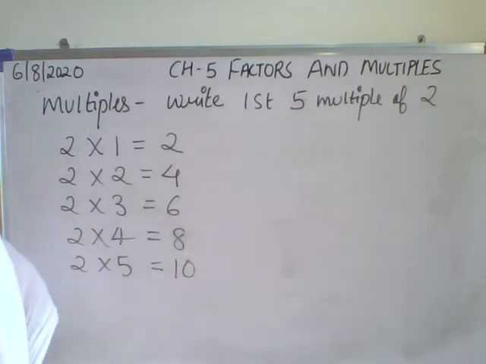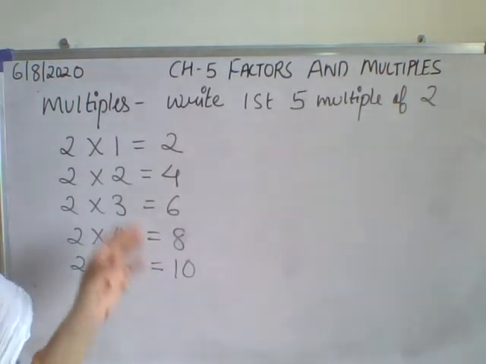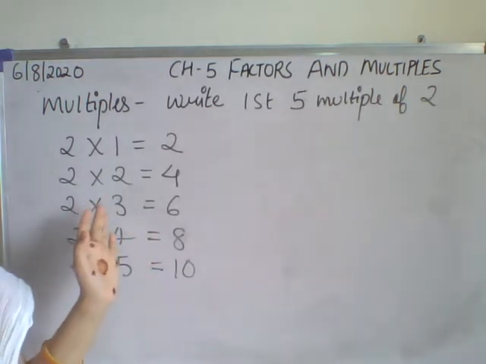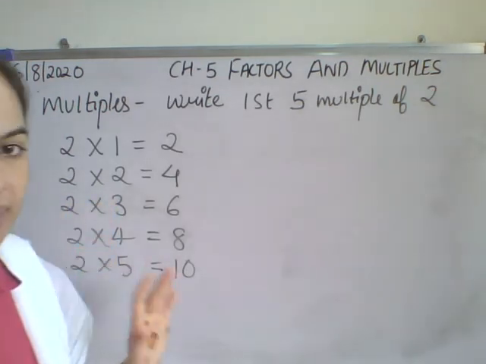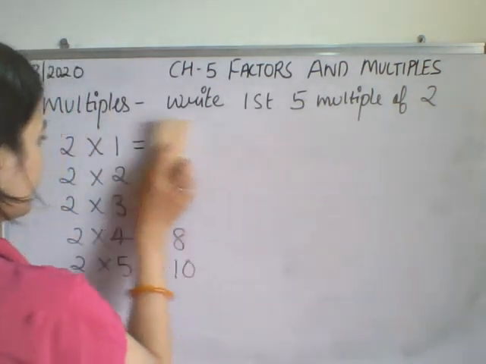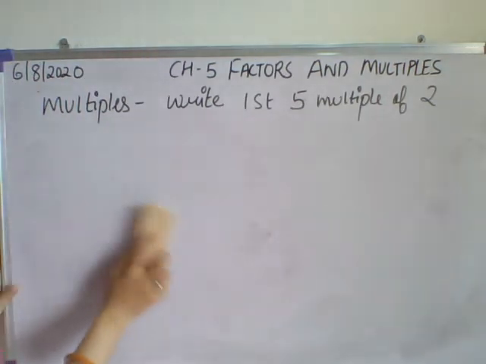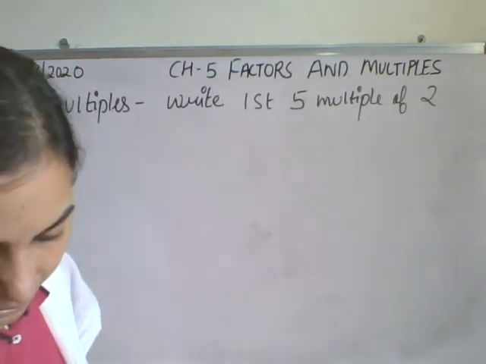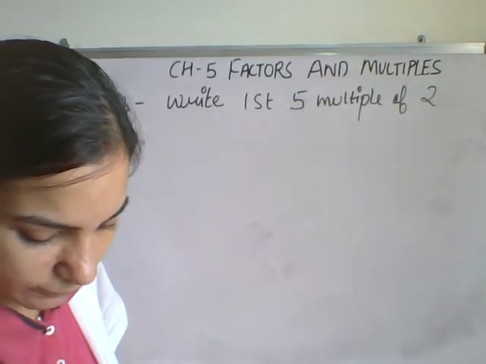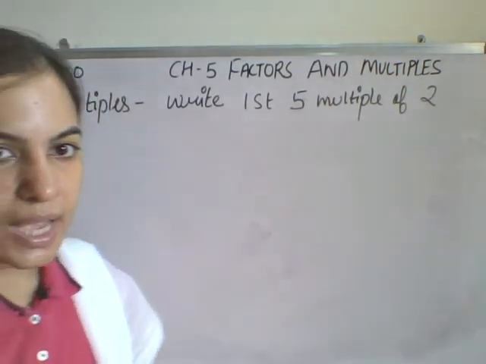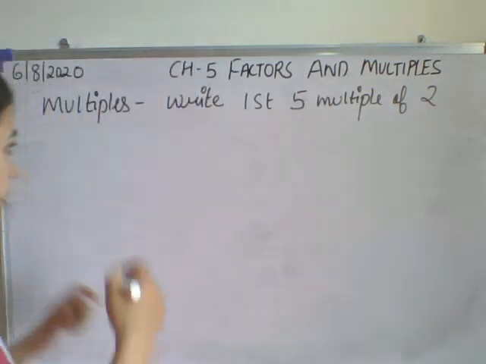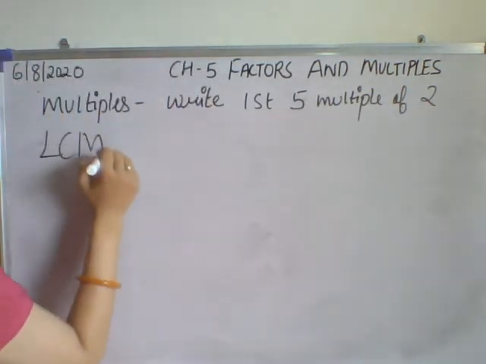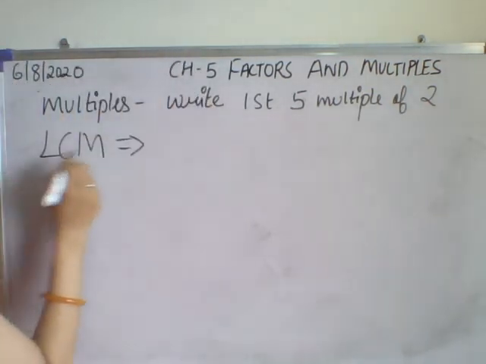Okay. So now I'll be telling you about the least common multiple, that is the LCM. Today I'll just tell you the definition of the LCM. In the next class we'll be taking how to find the LCM. LCM, what is the full form?